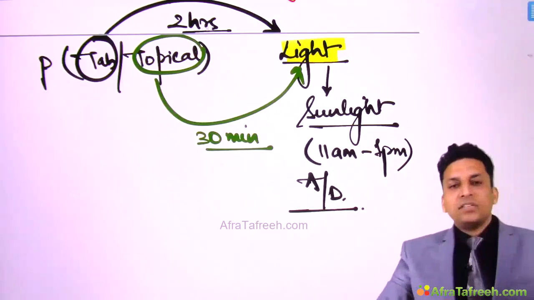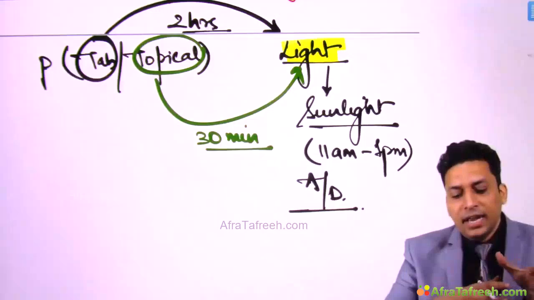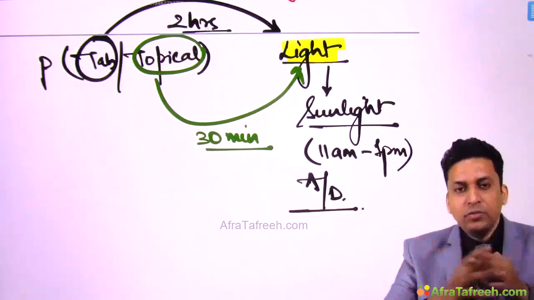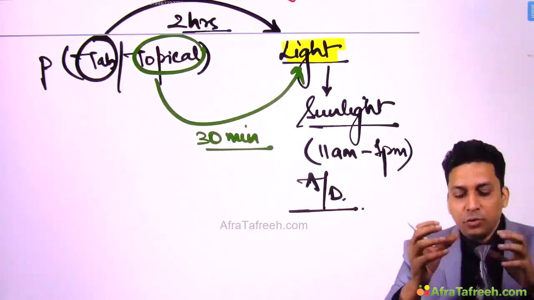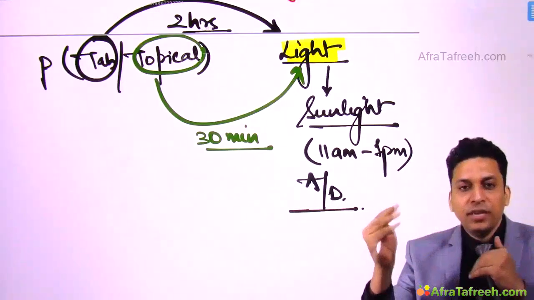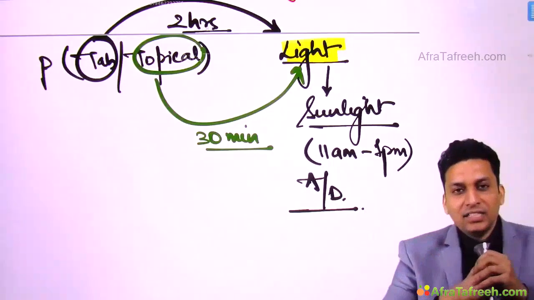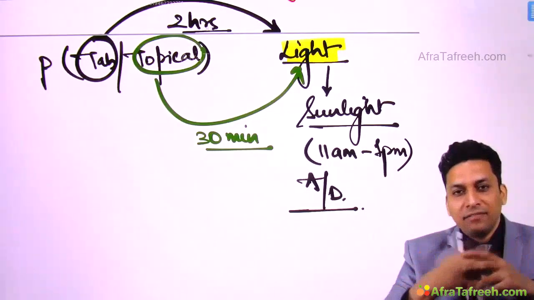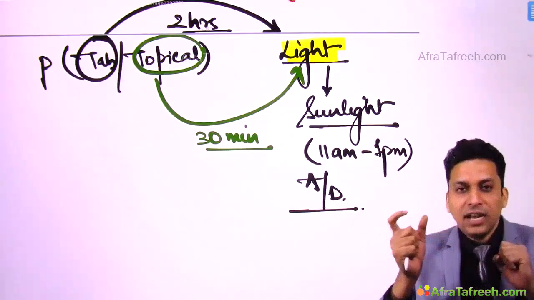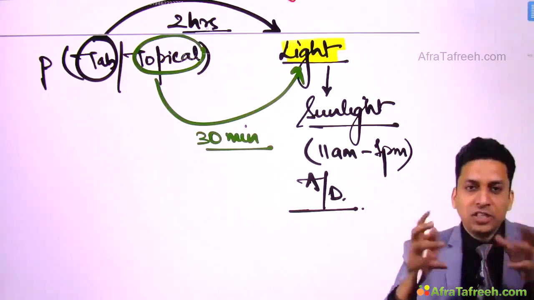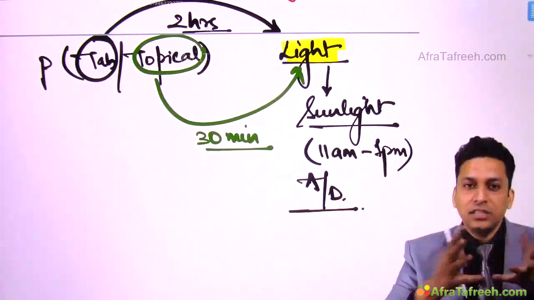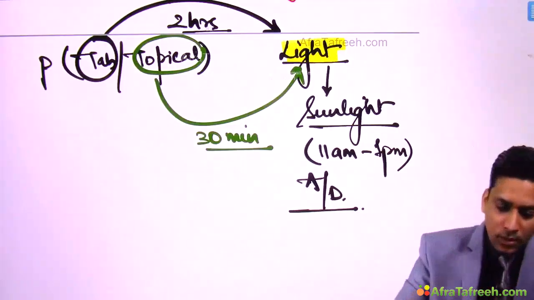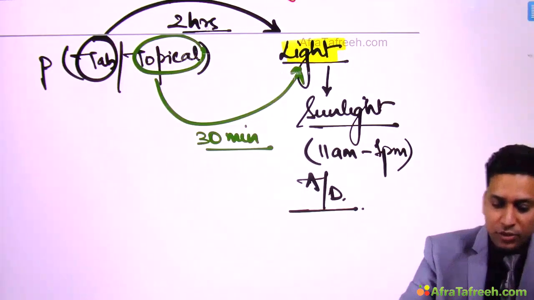So it is very cumbersome for the patient to come every alternate day and show the light in the UVA chamber. So what we do, we ask the patient to take the tablet and then wait for 2 hours, and between 11 AM to 1 PM they have to show the light, and this has to be done every alternate day. So if the patient is using sunlight, then it is PUVASOL, and if the patient is coming to your hospital and showing the light in the UVA chamber, then it is PUVA. Okay, so this is the phototherapy which we use.